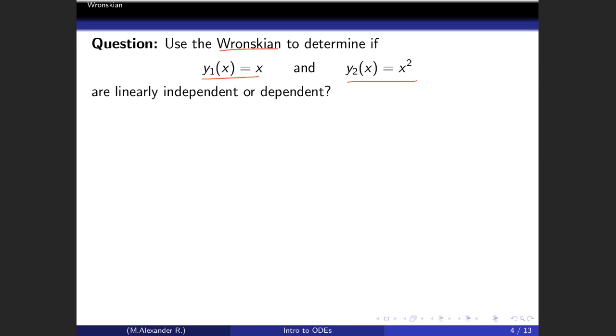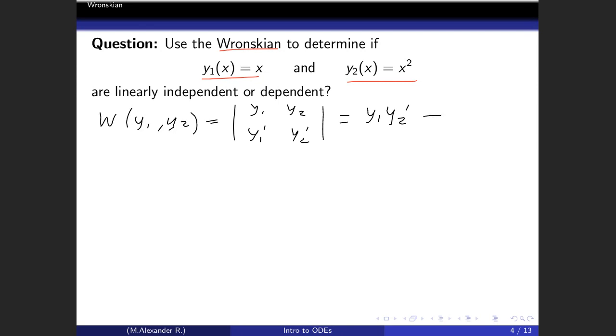So we're going to calculate the Wronskian. The Wronskian of the two functions is the following. You can write down the determinant of the matrix: y1, y2, and then you differentiate the two functions. But the formula we care about is you cross multiply: y1 times y2 prime. Let me write down the formula first, and then I'll explain where the numbers come from.